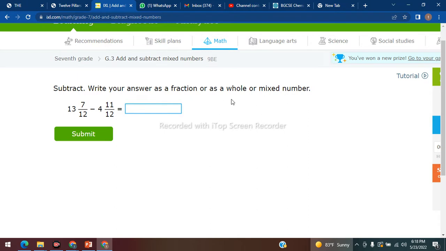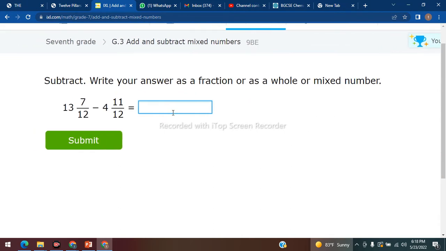Write your answer as a fraction. Okay, good. This one is the same idea, right? Because if we do 13 minus 4, so if we do 7 minus 11, that'll give us a negative number. So we have to borrow, like Ricardo said. So it'll be this 13, if we allow this one to be borrowed.